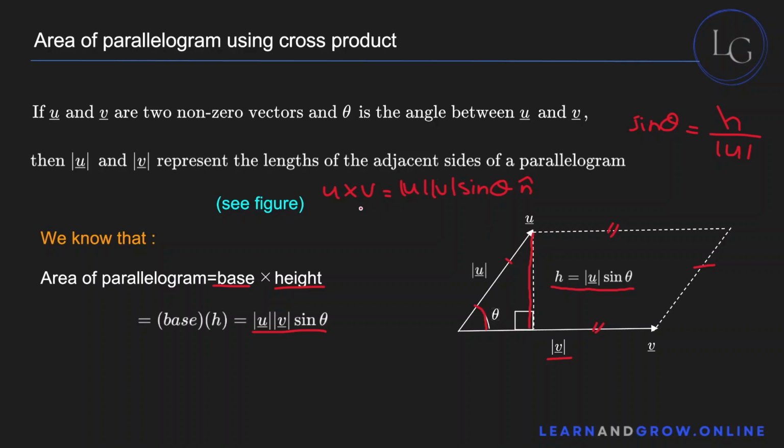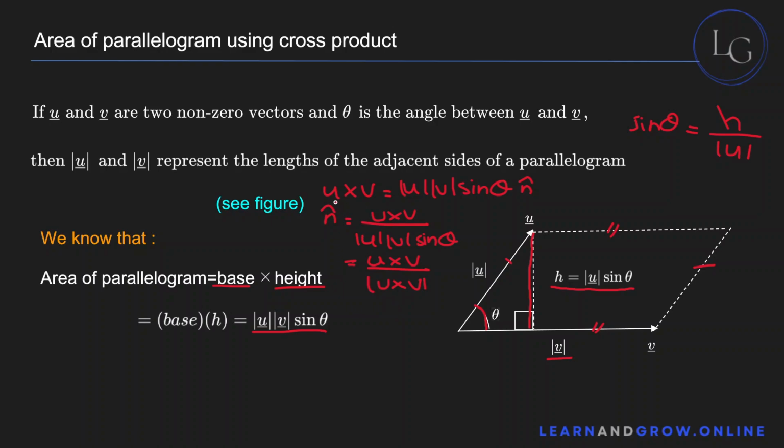Now what was n equal to? n was equal to u cross v over the magnitude of u into the magnitude of v into sine theta. And this term in the denominator can be written as the magnitude of u cross v. So n is u cross v over the magnitude of u cross v, right?